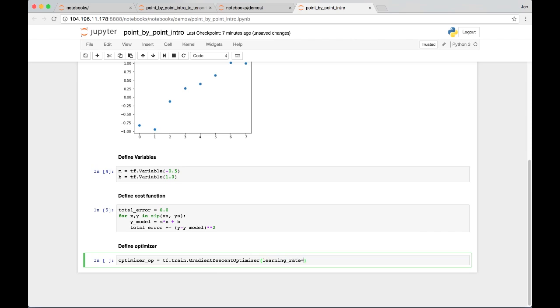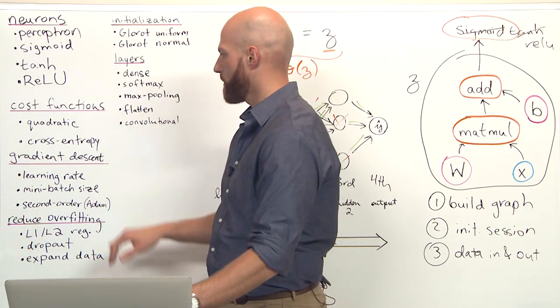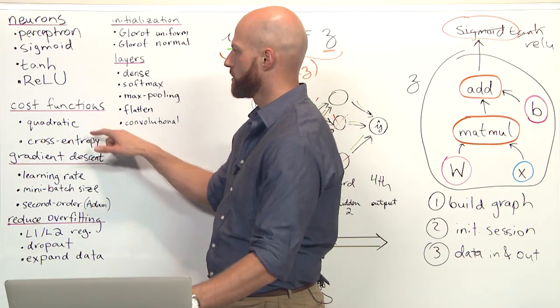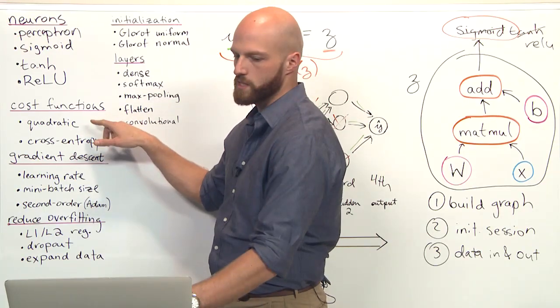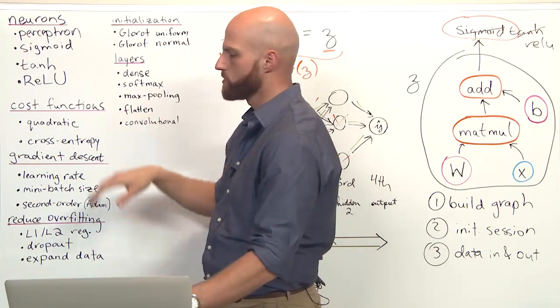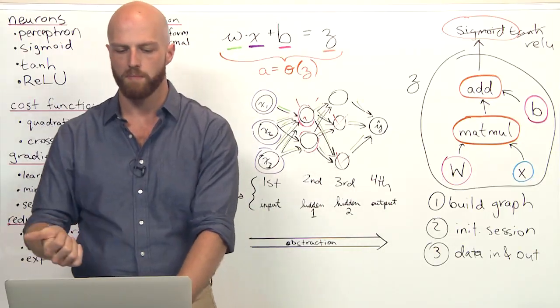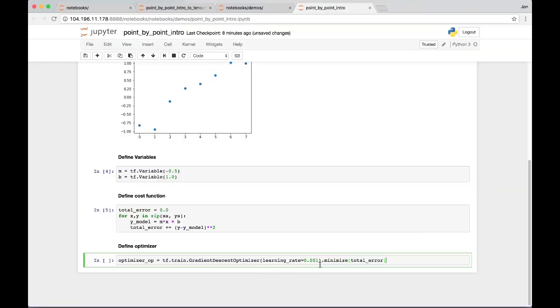And we're going to set that with a slow learning rate. And we're going to have it set to minimize the total error. So we're specifying a gradient descent optimizer here to learn, and it's going to learn quadratic cost. We're setting it to minimize quadratic cost step by step, and it's going to take pretty small steps with learning rate at 0.001 to minimize that cost.